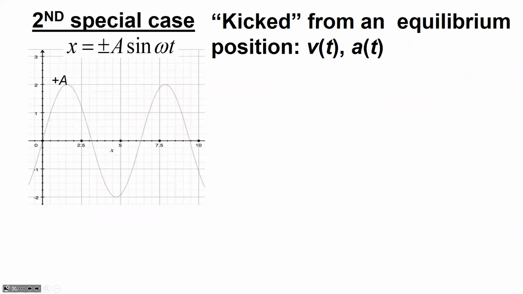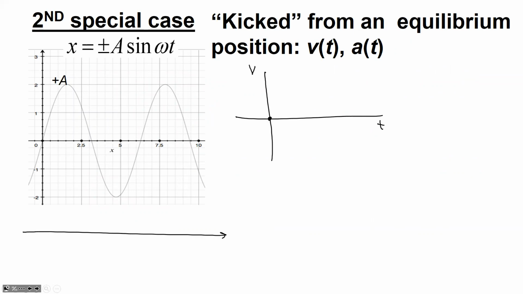For this special case, how does the graph for velocity look? Well, initial velocity is 0. Now, we can look at the motion diagram.